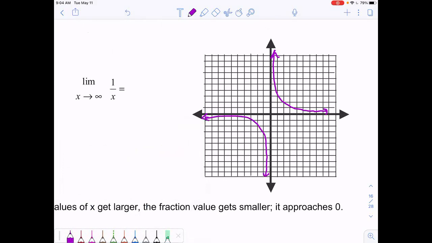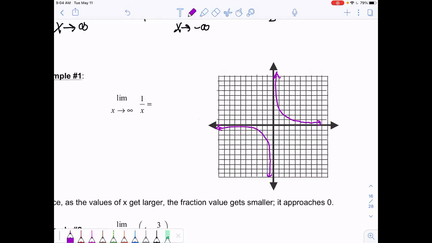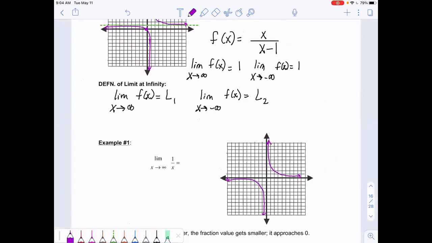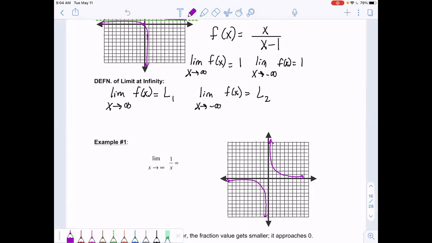This time, it should still be a hyperbola with 2 branches. But now those branches are approaching a different y value. And we're changing the function a little bit. So this function is just 1 over x, where the function above was x over x minus 1.